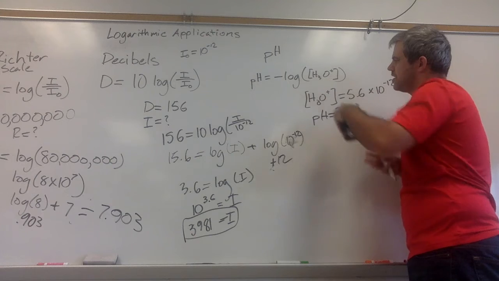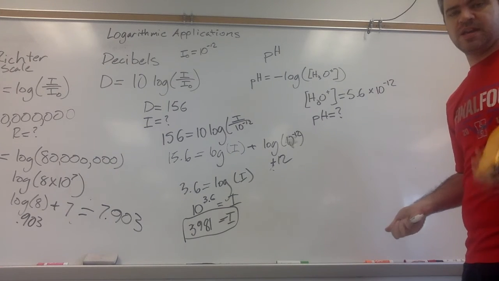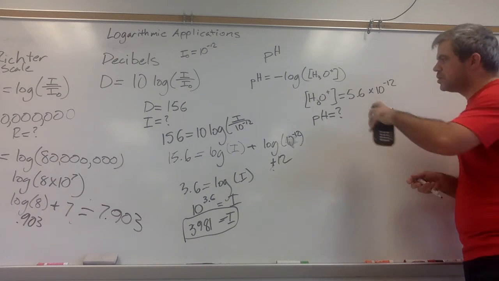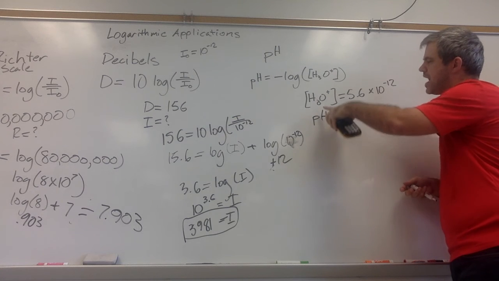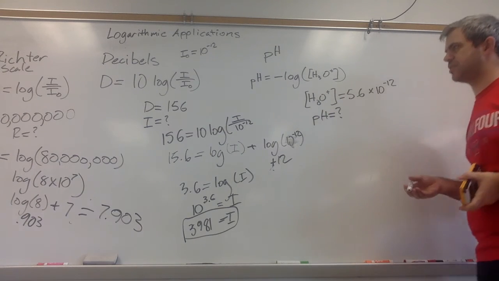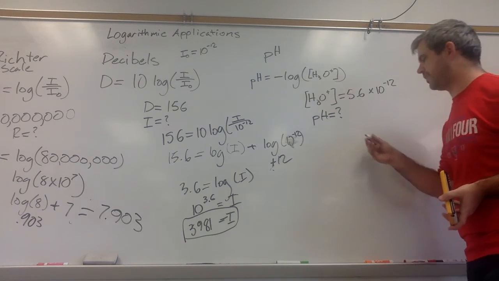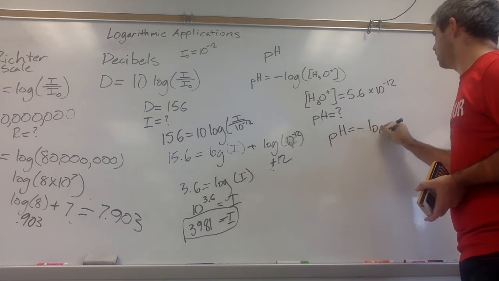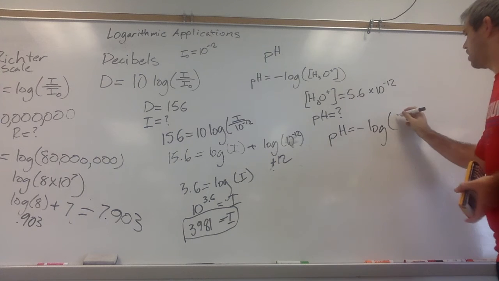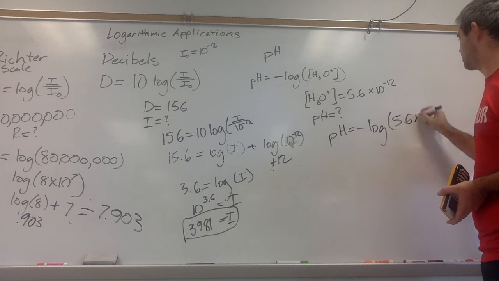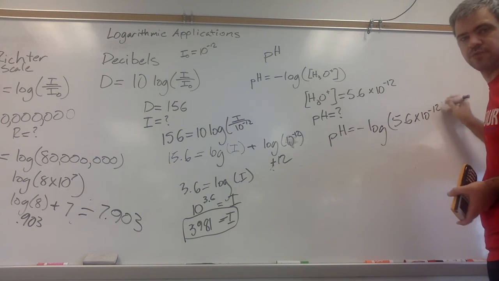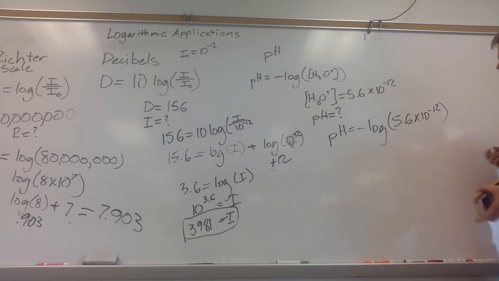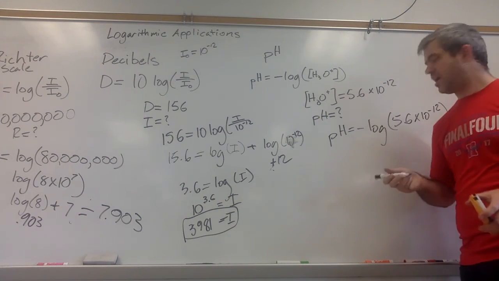But this particular ion in your solution. So it's asking, what is the pH if this is my concentration of hydronium? So I'm just going to plug it in. Negative log of 5.6 times 10 to the negative 12. Again, you could just shove that right in.